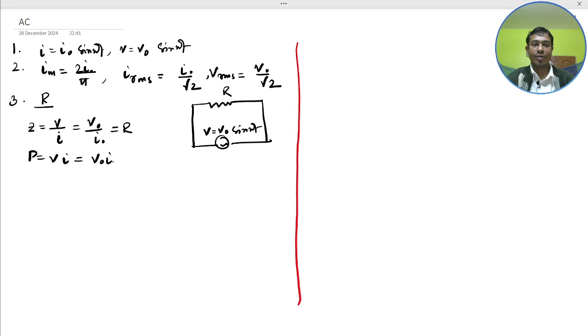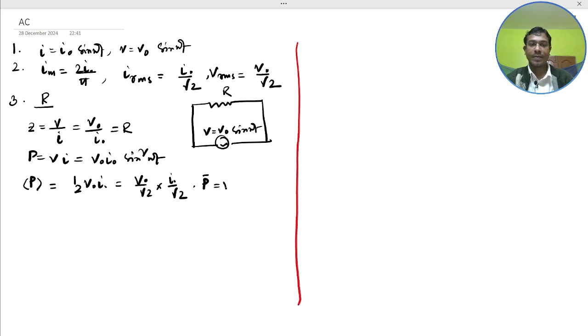So V naught I naught sin square omega t, and the average power basically half V naught I naught. Just put the value V naught by root 2 and I naught by root 2. Basically the average power P average becomes VRMS into IRMS.